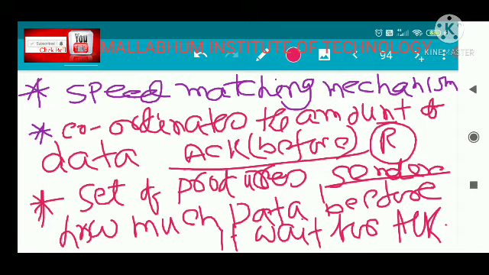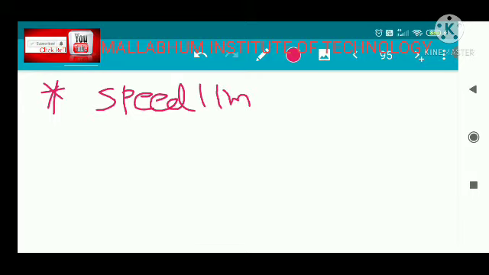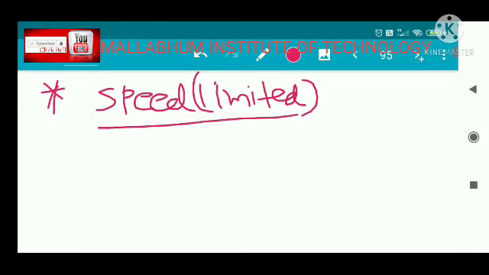Now the next one: the receiver has a limited speed at which it can process the incoming data, and a limited amount of memory in which it stores the incoming data. Obviously, whenever the receiver has a limited speed, only then does this flow control mechanism come into the picture.